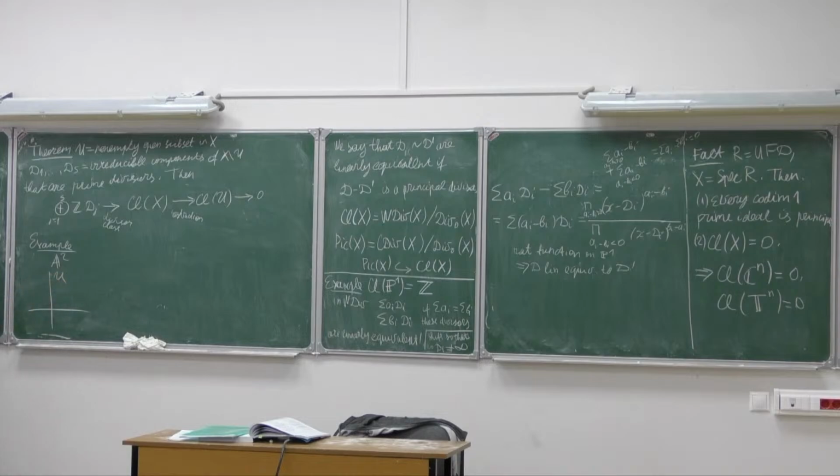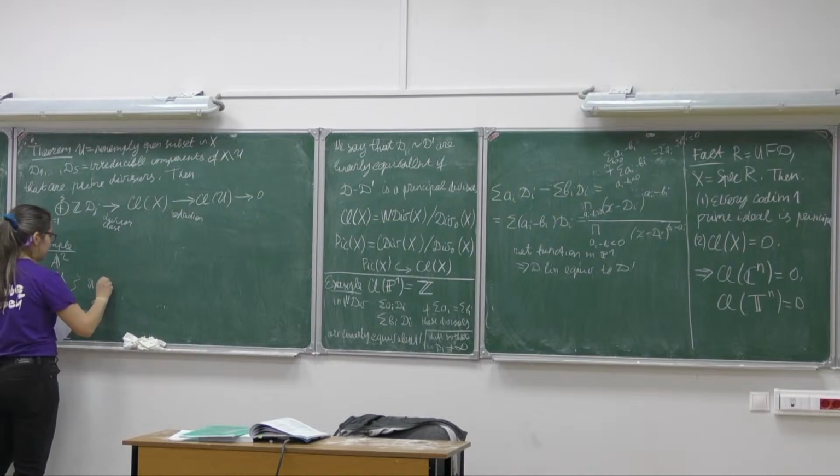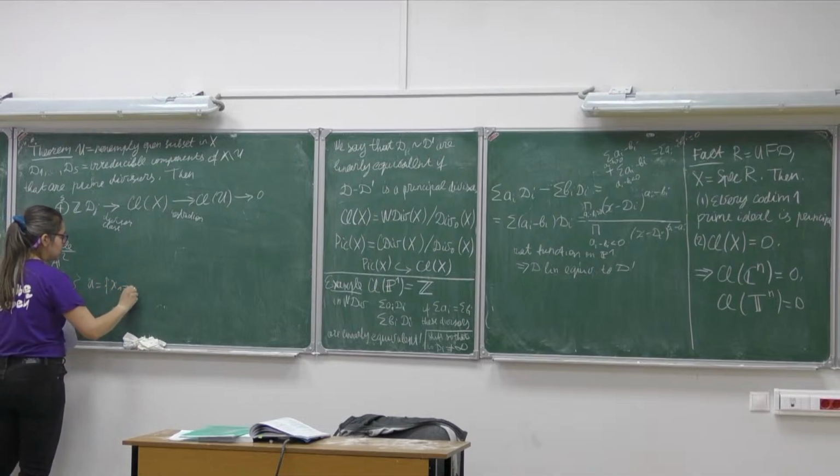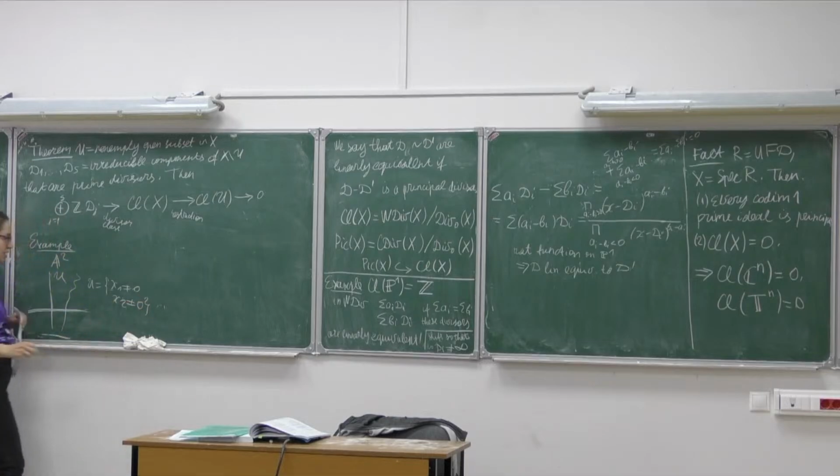What can be the divisor? Either it is supported on these lines, or it has another component. What is U? U is x1 non-zero and x2 non-zero. Everything between the cross, if we throw out the cross.